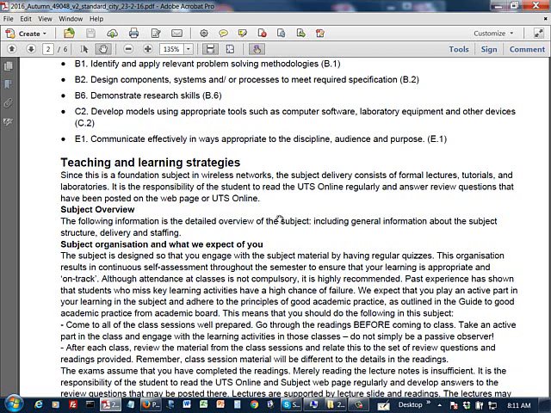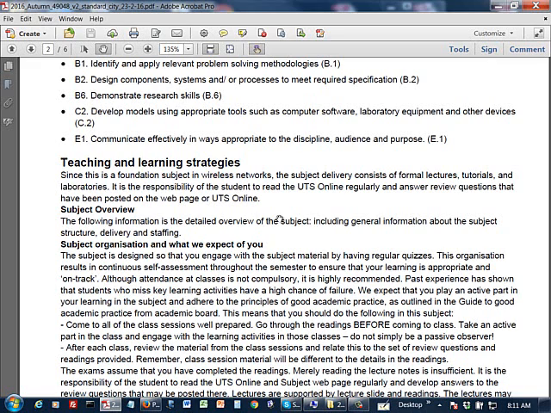So this subject is going to be delivered in a different way. We are going to use something called flipped learning. Most of the lectures have been recorded and have been placed through UTS Online, and you will be able to go through the videos before the classes, and when you come to class, come well prepared so we can have some discussions about the concepts covered in the videos.